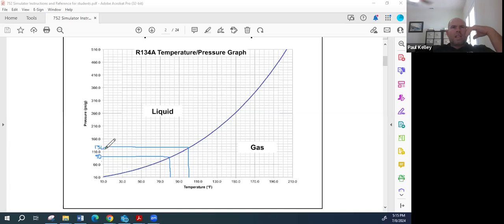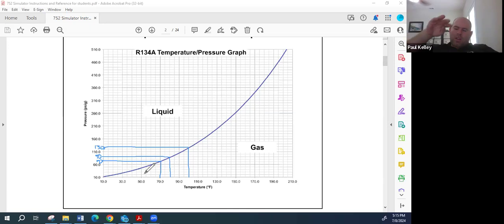So it's not to say that at 70 degrees, it should have 70 PSI. Well, it is true, actually. If it's 70 degrees, look, 70, and then run it over. That's literally 70 degrees. So if it's 70 degrees, it should have 70 PSI. But if it's 80 degrees, it shouldn't have 80 PSI. If it's 90 degrees, it shouldn't have 90. If it's 100, it shouldn't have 100.